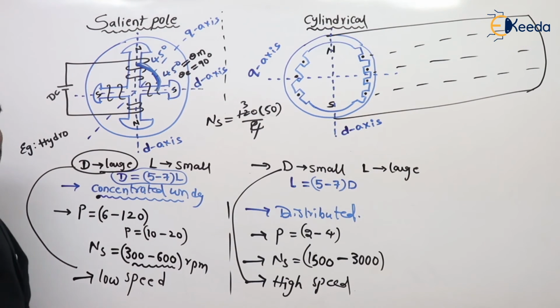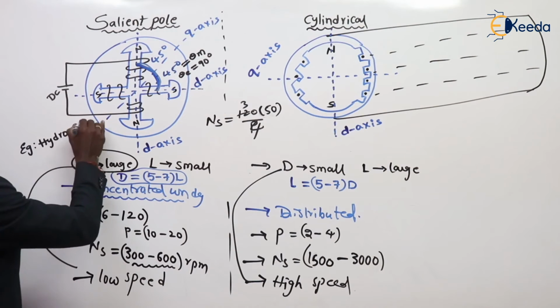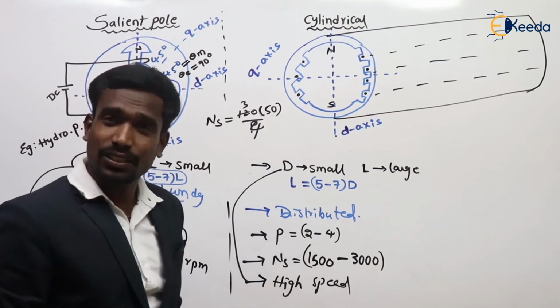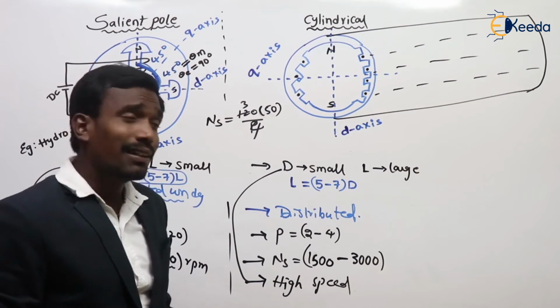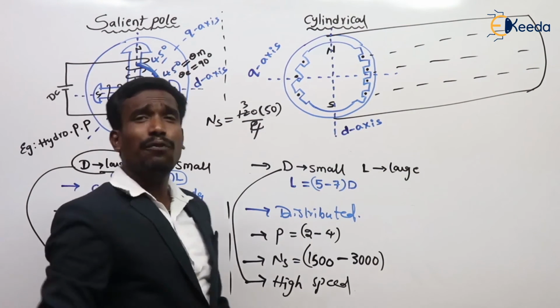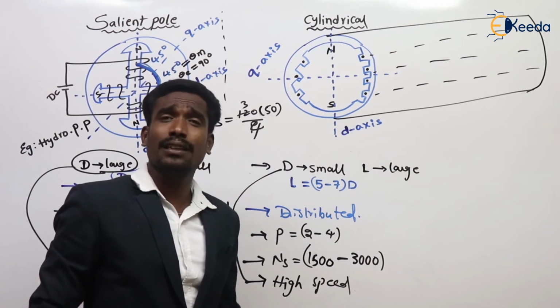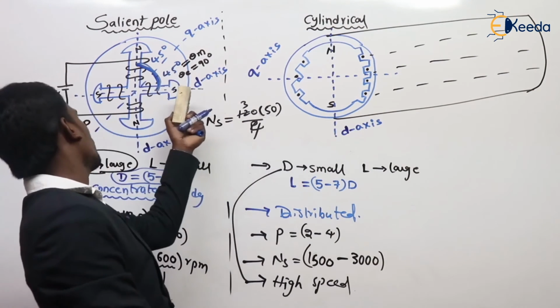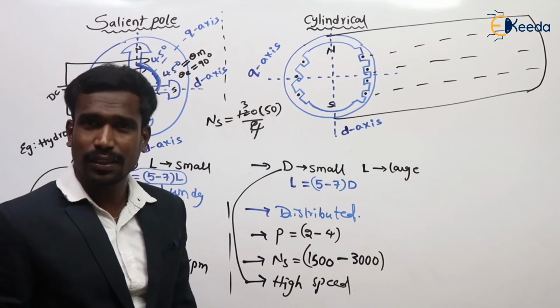They will ask you a question, which of the following is used in hydro power station? So salient pole type is used in hydro power plants.